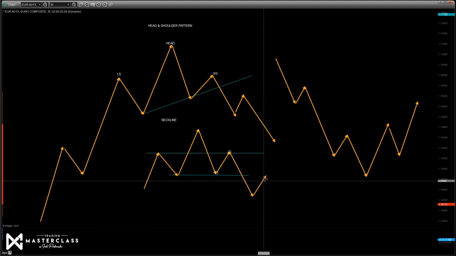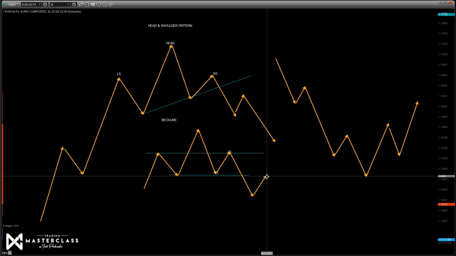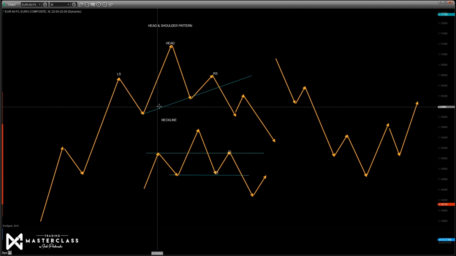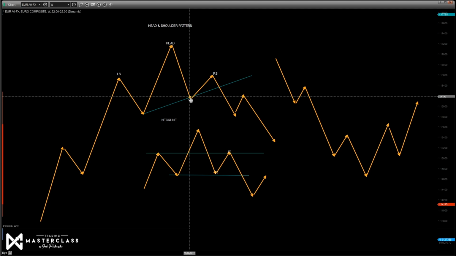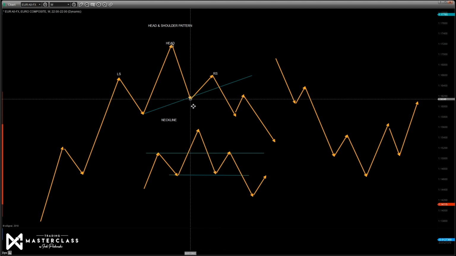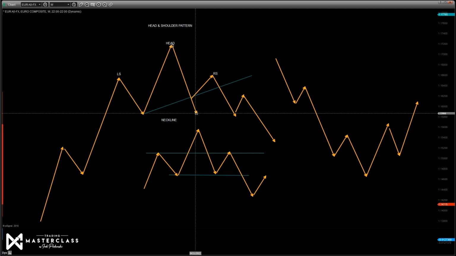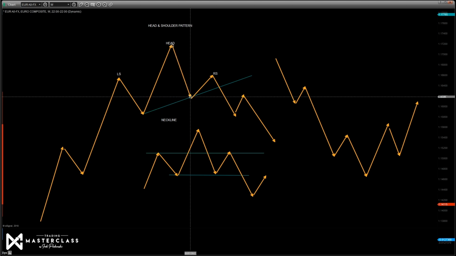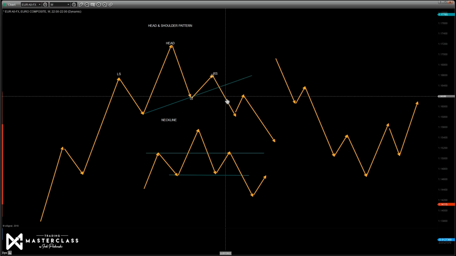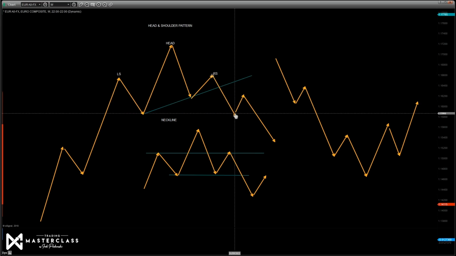Confirmation is on the break and retest, okay? Same thing in this case. In this case, we're still trending upwards. This is even worse than this because we did not even make the recent lows yet. We're still making higher lows. So the first sign of a potential trend change is right here, okay, on the right shoulder. Confirmation is once we break down.